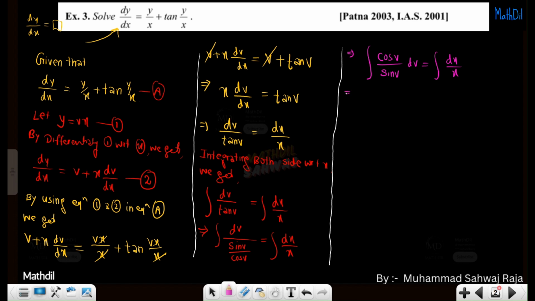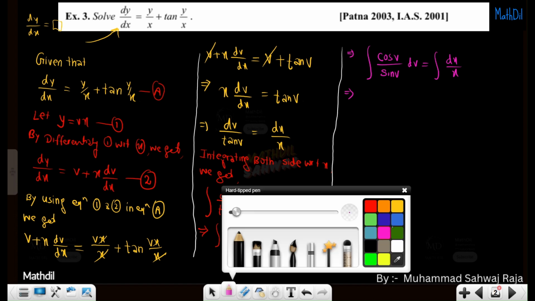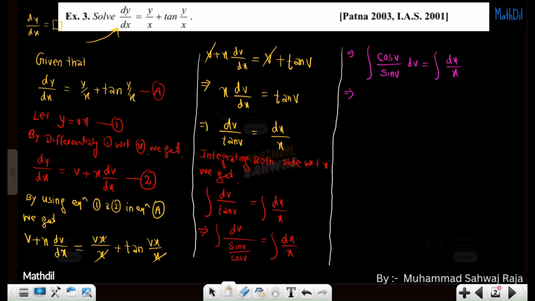So now integrate it. Students, see, this is sin v and this is cos v. What is cos v? This is the derivative of sin v. So we get sin v in the denominator and its derivative in the numerator. So the integration will be log of sin v, as we know, these are very basic things.